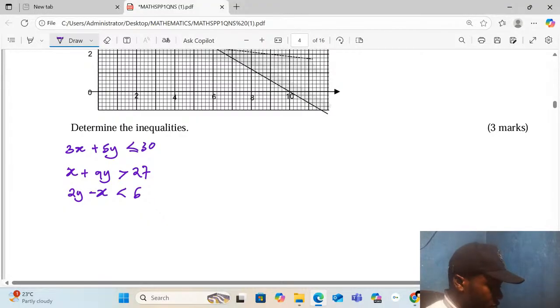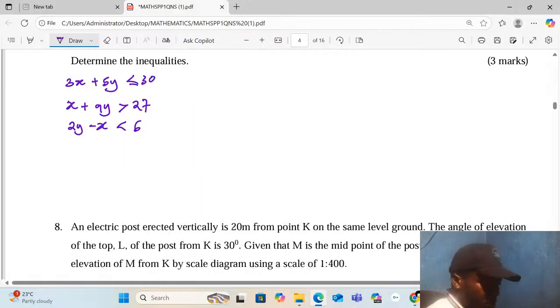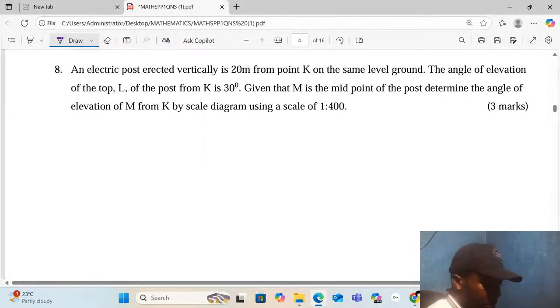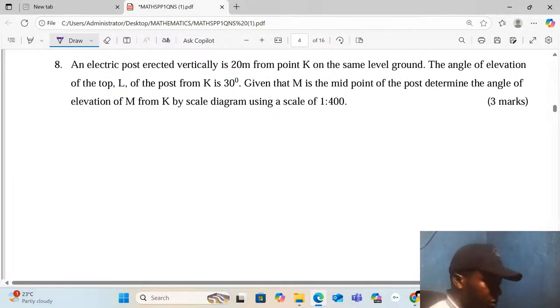Then we move to the next question, question number 8. You can see the question. An electric post erected vertically is 20 meters from point K on the ground.